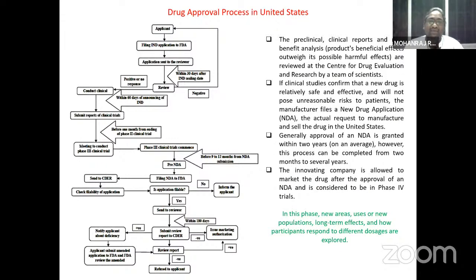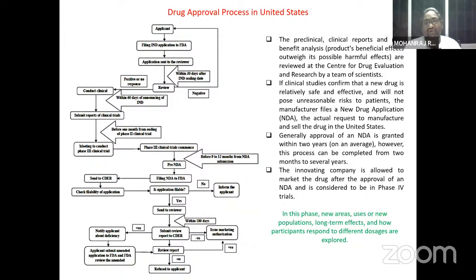Once the NDA is ready, it will be reviewed by the CDER, Center for Drug Evaluation and Research team, who will evaluate the clinical and preclinical data. Risk ratio and benefit analysis, everything will be assessed by the scientists of the CDER.